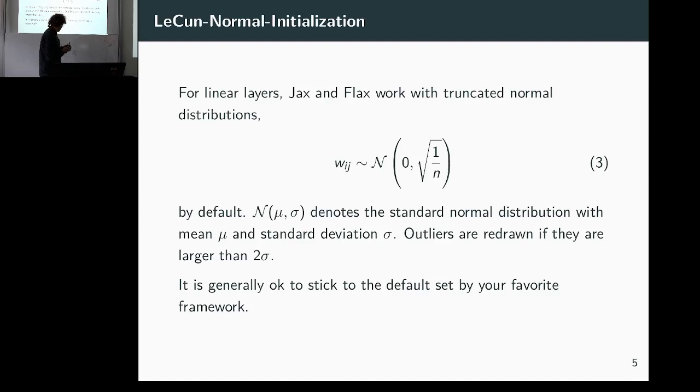And this is especially important because the deeper you build your network, so the more parameters you add, the higher the chance will be that you will end up with an unstable initialization if you don't truncate the normal distribution. Right, but I think for us, we can typically stick to our framework's default, unless we're interested in doing science.